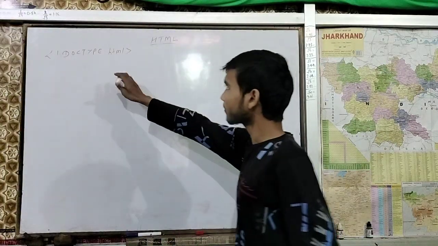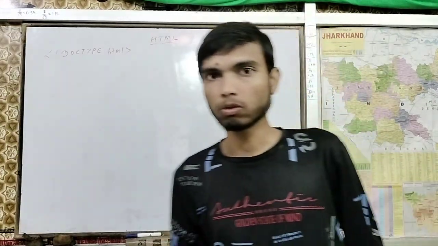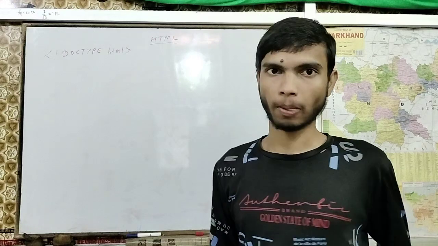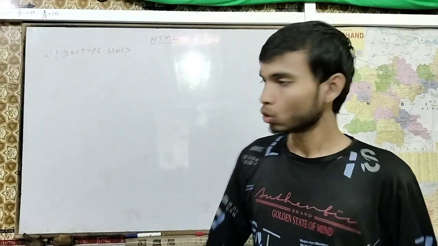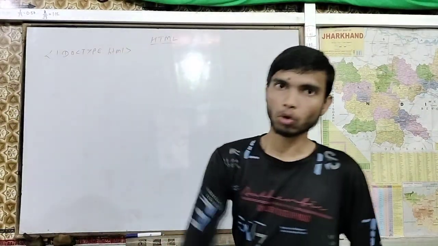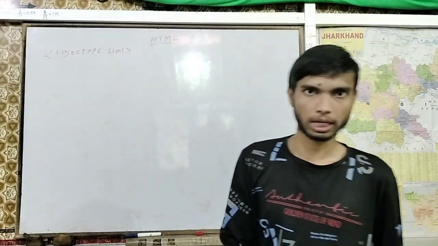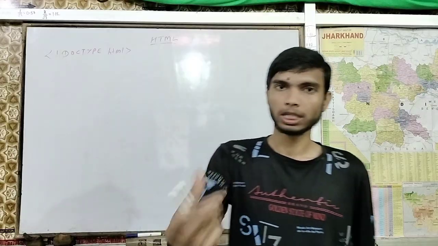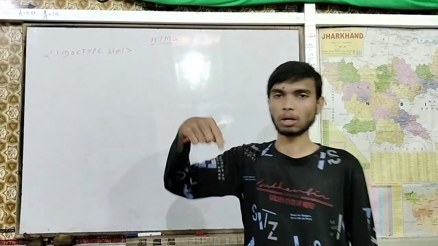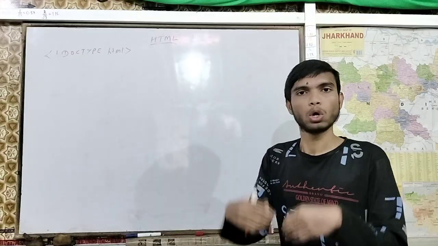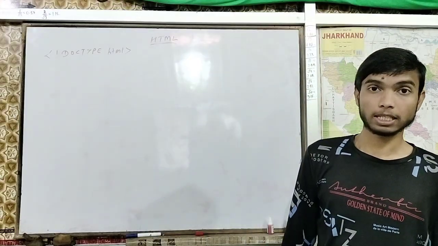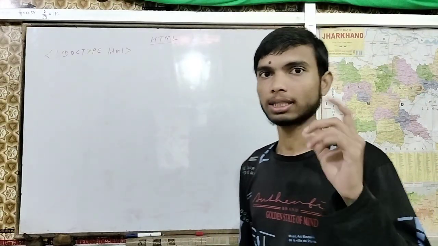This tag is saying what type of document you are using. So we are using this type of document and we are telling the website that yes, this is an HTML file and that is how you have to display it on the website when a user comes to this website.